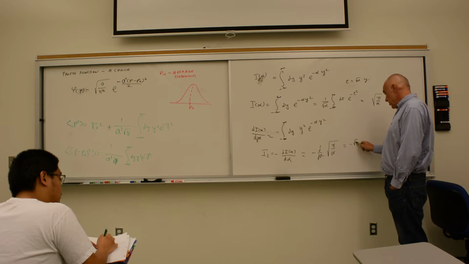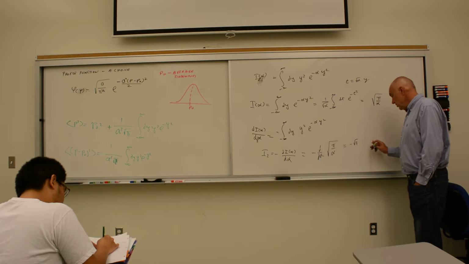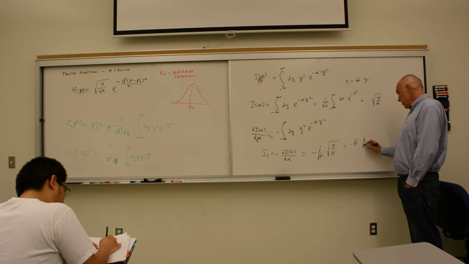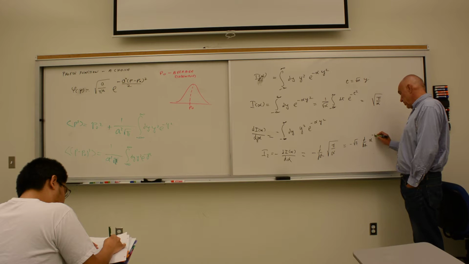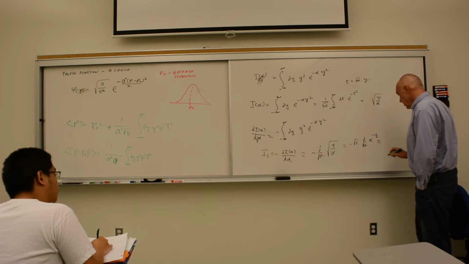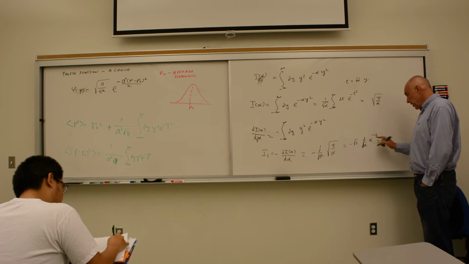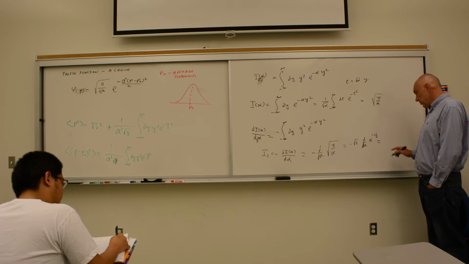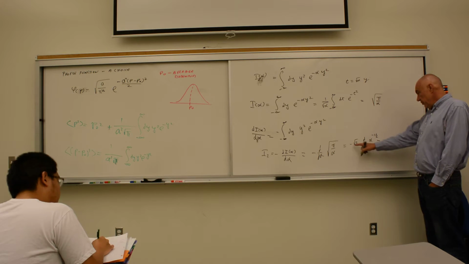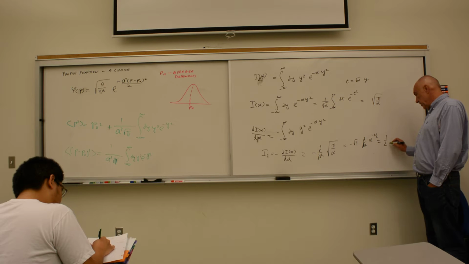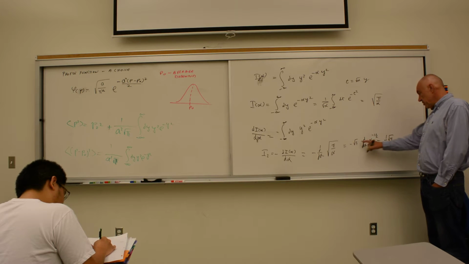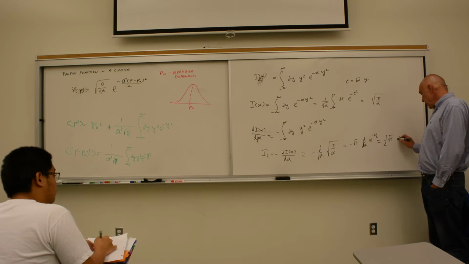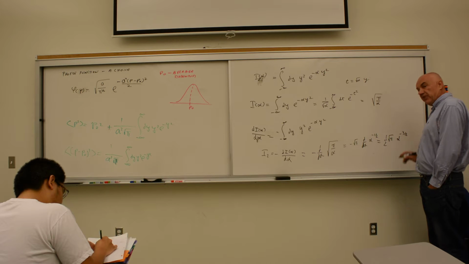So this is minus square root of pi, derivative with respect to alpha, of alpha to negative 1/2. Derivative of some negative 1/2 power drops out 1/2. With this minus sign, I end up with 1/2. I'm still left with this square root of pi, and then I have alpha to minus 3/2, right?